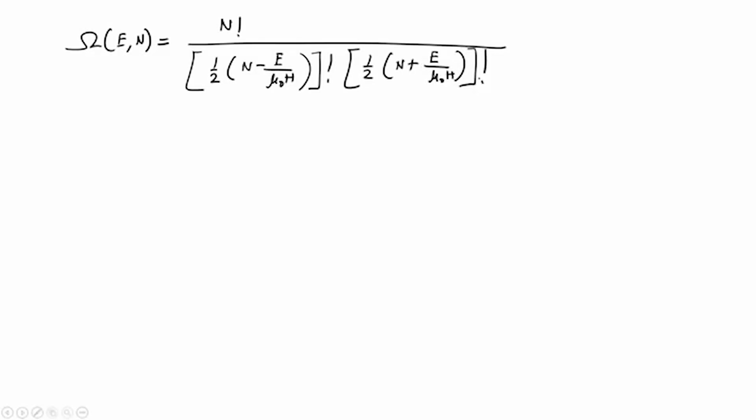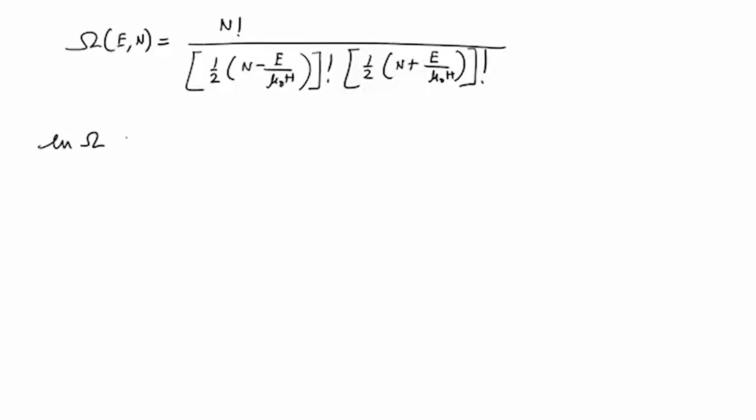Now, you see that it is exactly the kind of variables that you want, it is a function of E and N. Of course, it is a function of H, but then H is just an externally applied variable, or it is an external magnetic field that you are talking about. So, this form is useful because once you compute this thing in closed form, you can get the entropy by taking the log of this and multiplying it by the Boltzmann constant.